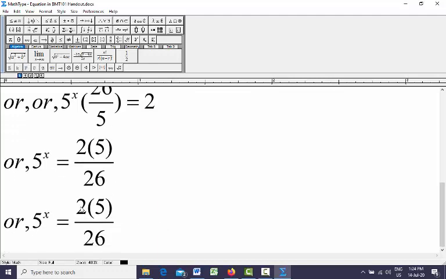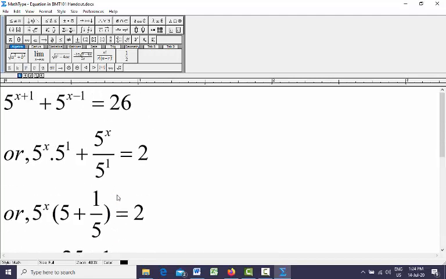So what we have here: 5 multiplied by 2 is 10 divided by 26. 5 multiplied by 2 is equal to 10 divided by 26. So let me revise it again. This is fine, is fine.